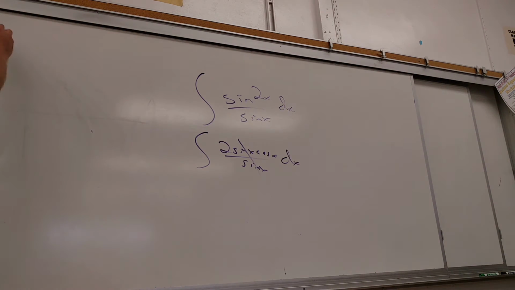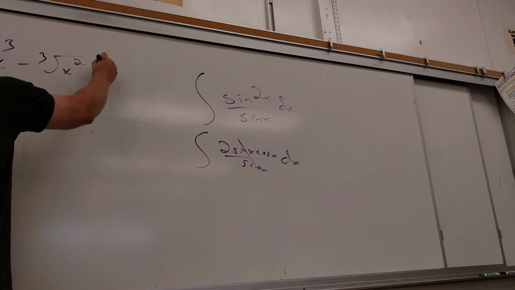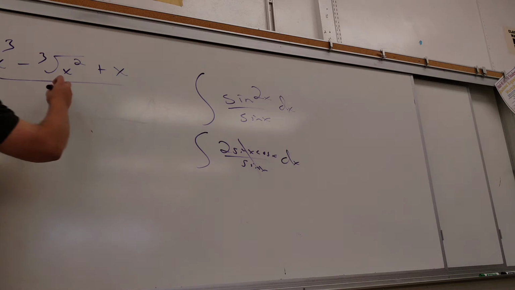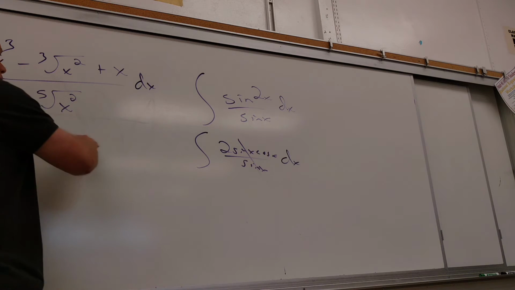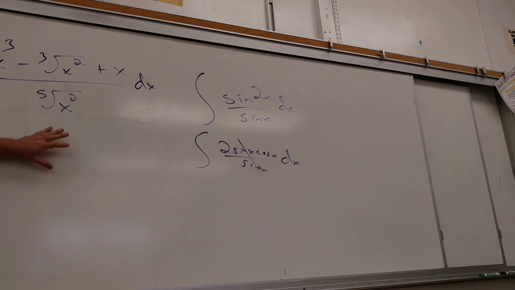Today we're going to do something harder than this, but if you ever see something like this, I'll just use x, simplify. What would you do? Why can you simplify?